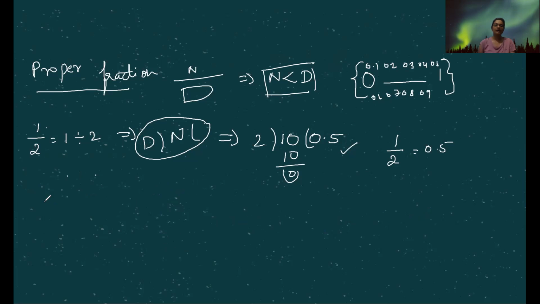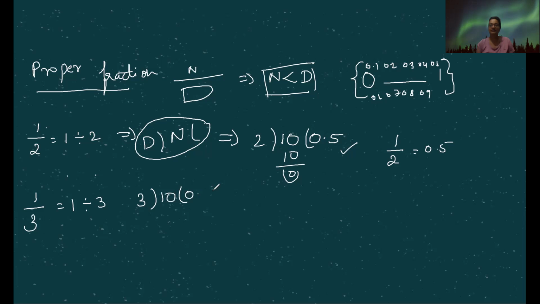Okay guys, the next example is 1 by 3. Same, 1 divided by 3. What will be inside? 1 will be inside. What will be outside? 3 will be outside. Great. So now I'm going to put a decimal here because 1 is less than 3. I'll put 0.